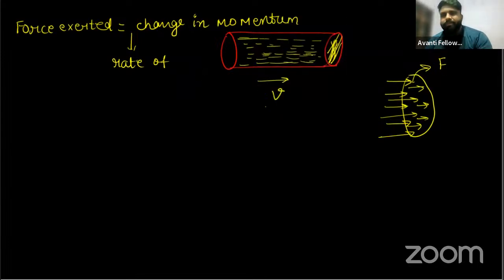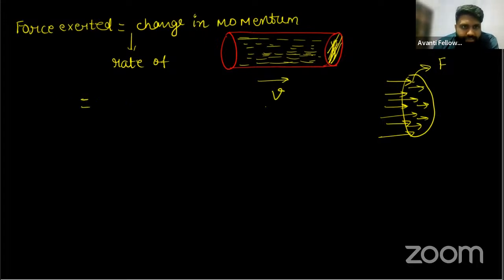Because when water hits this surface, it has some momentum, and when it strikes, the momentum will be gone because velocity will become zero. So there is a change in momentum. So we are going to do that. What is the change of momentum?